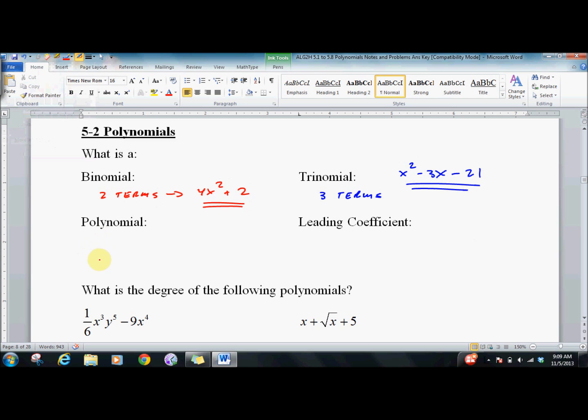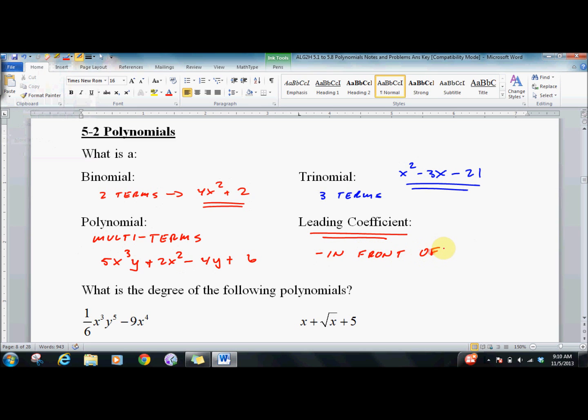So here's a crazy one: polynomial, multi terms. It's like 5x to the third y plus 2x squared minus 4y plus 6. It can be anything. And the leading coefficient is always the number out front of the first term.